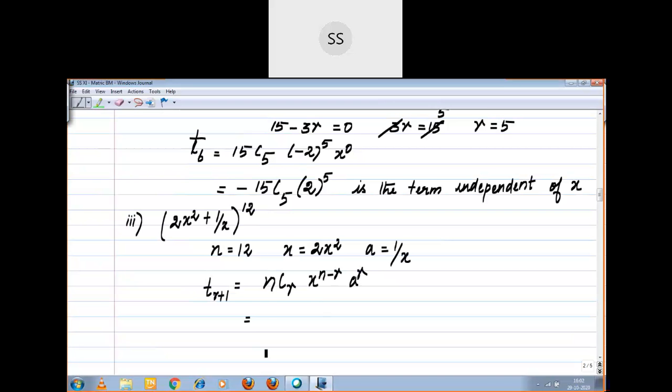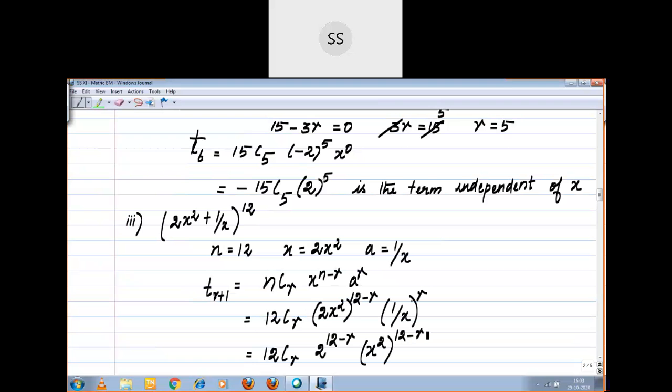Now 12CR x power, that is 2x square the whole power 12 minus r, 1 by x the whole power r. Now 12CR 2 to the power 12 minus r, x power 2 the whole power 12 minus r.